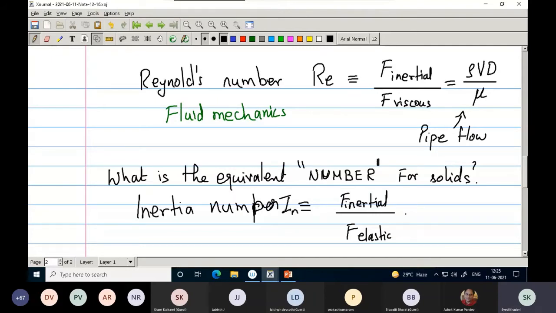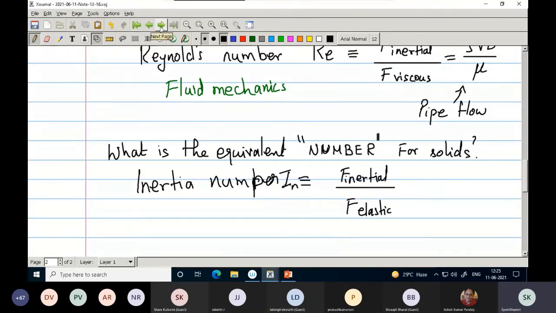This is how we have to define it. But the question is, what is a proper way to come up with these dimensionless parameters? Of course, you know that this Reynolds number and this inertia number are both dimensionless.